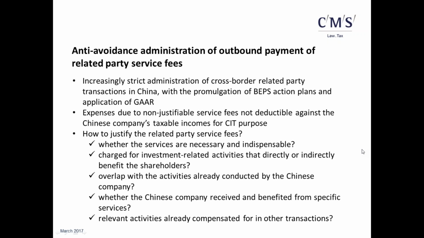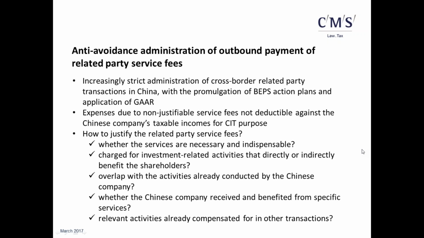The fourth point is whether the Chinese subsidiary received or benefited from the specific services. For example, if the Chinese company is under loss status or has a very poor operation or business result, and a foreign holding company charges service fees to this PRC subsidiary, it needs to provide many evidences to the PRC tax authorities to prove that the PRC subsidiaries actually benefit from the specific services.